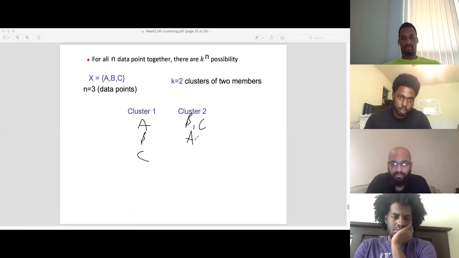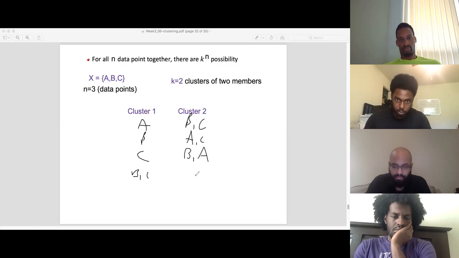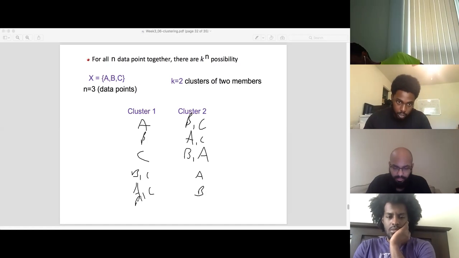This would be A and C. This would be B and A. And then you could also have the reverse case. So B, C versus A; A, C versus B. Let me scroll down a bit. What's left? B, A versus C.